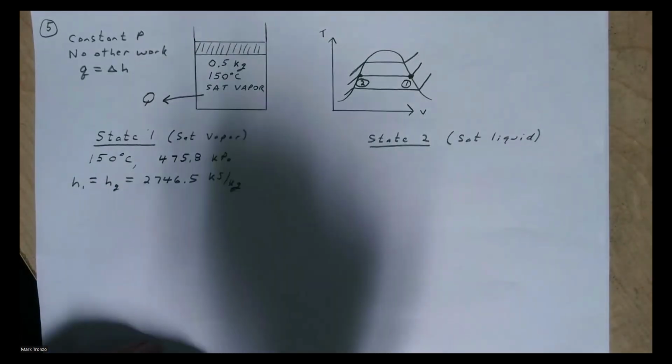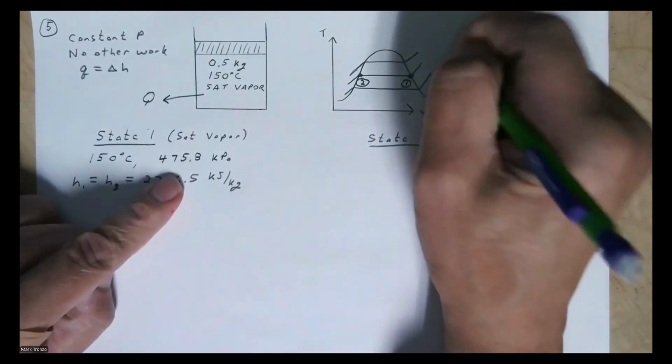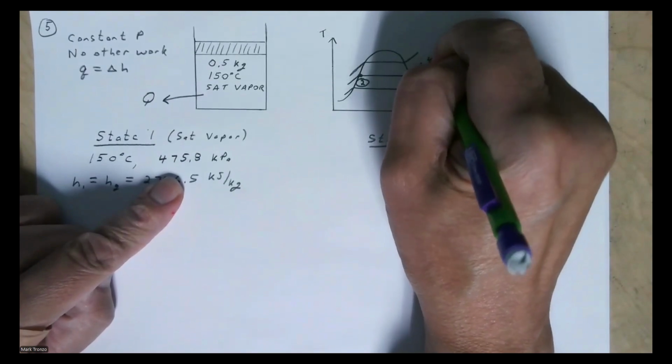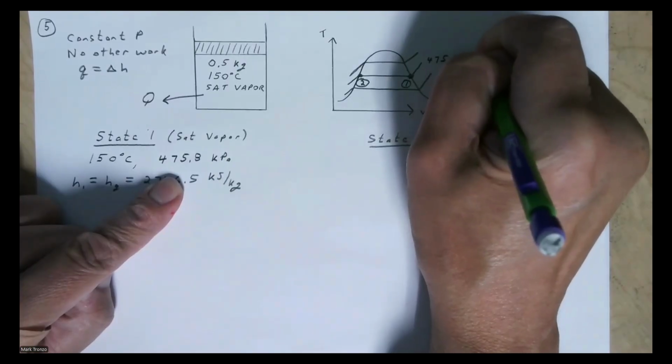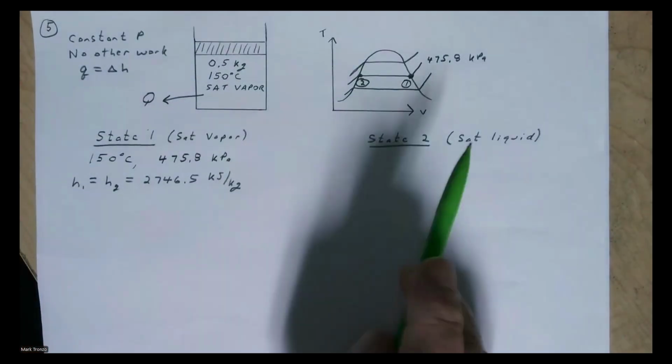And we know, again, we're at constant pressure, which was 475.8 kPa. It'd just be helpful to see it here.